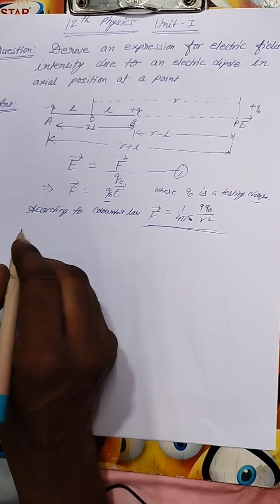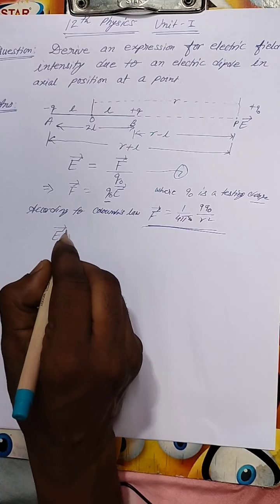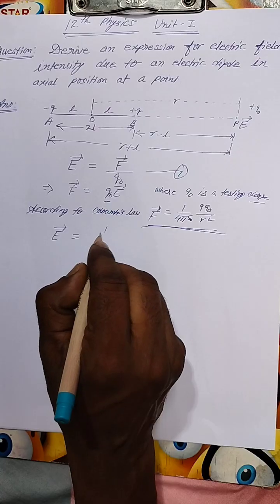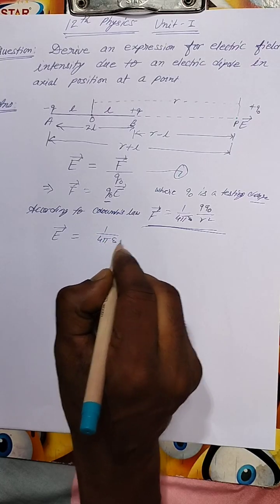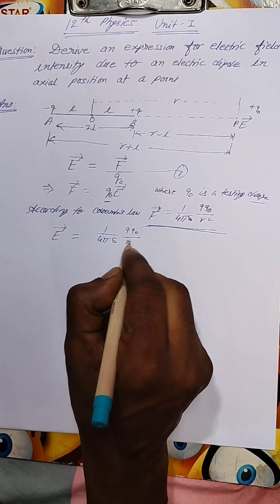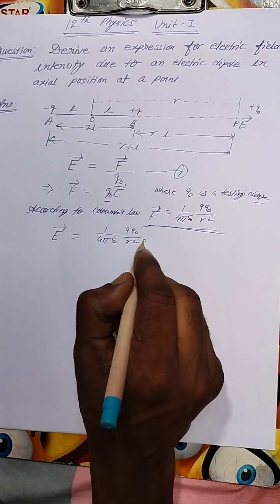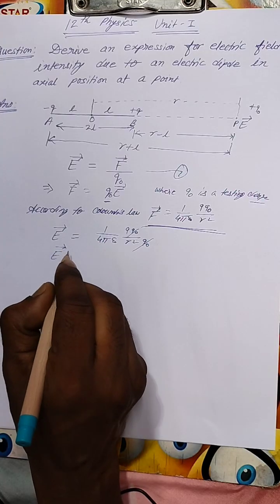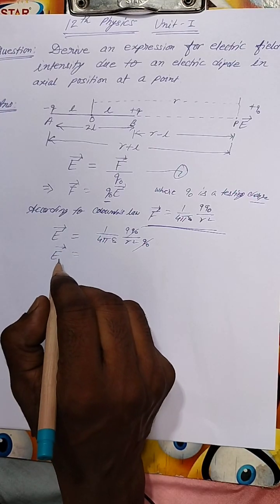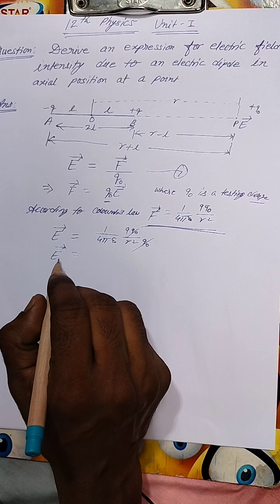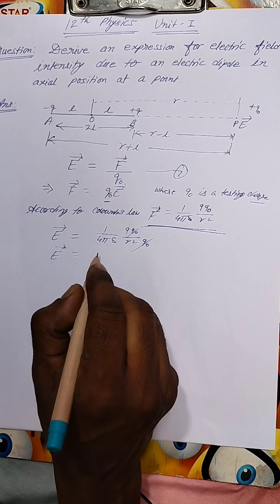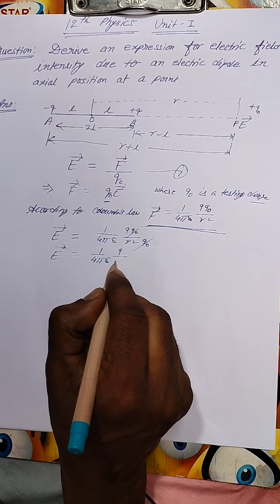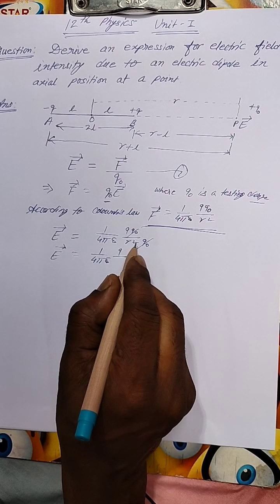We get vector E is equal to 1 upon 4 pi epsilon 0 q0 upon r square. q0 already exists, so we find the intensity of electric field E is equal to 1 upon 4 pi epsilon 0 q upon r square.